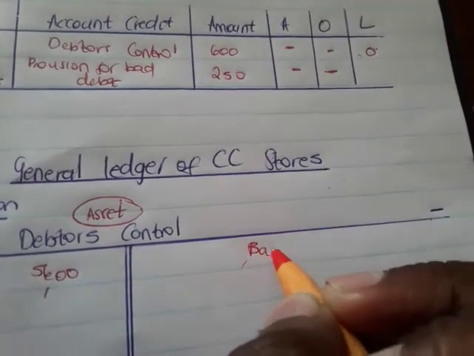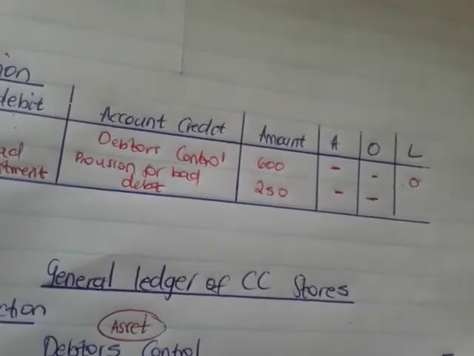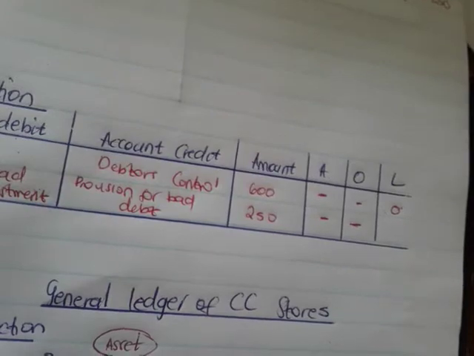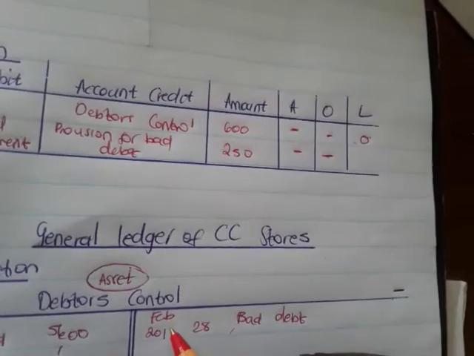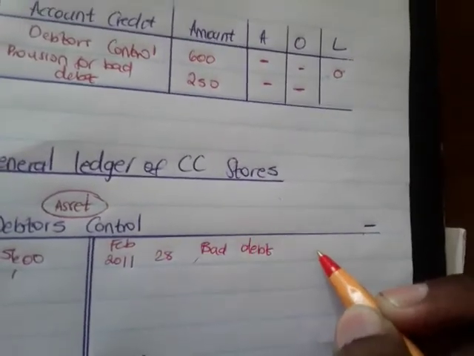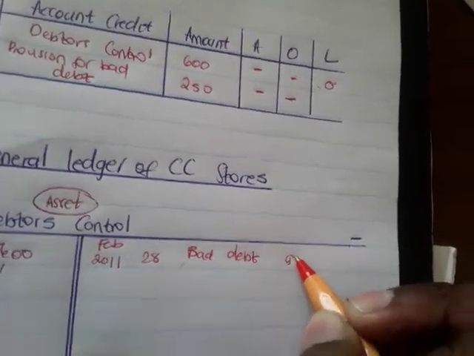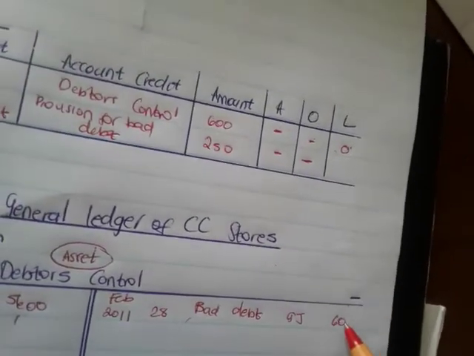To the bad debt account, right? So at the end of the year, because this is a year-end adjustment, right? Okay, so it is journal, and then it is 600, right?